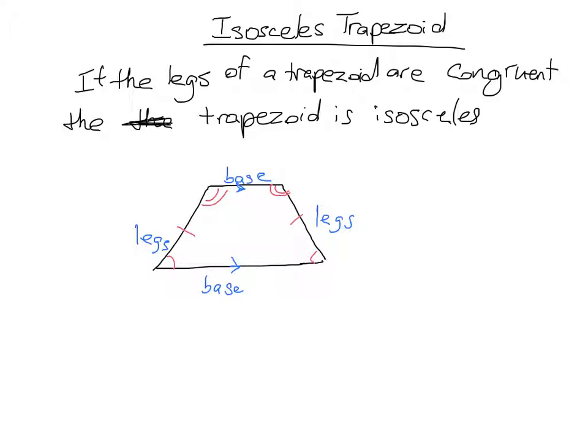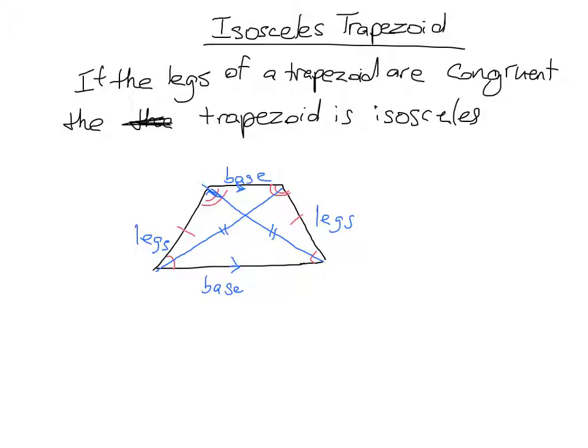And finally, the last thing that we need to know about an isosceles trapezoid is the fact that the diagonals are always going to be congruent to each other. So this line right here and this line right here are congruent to each other. All right, so that is all we need to know about the isosceles trapezoid.